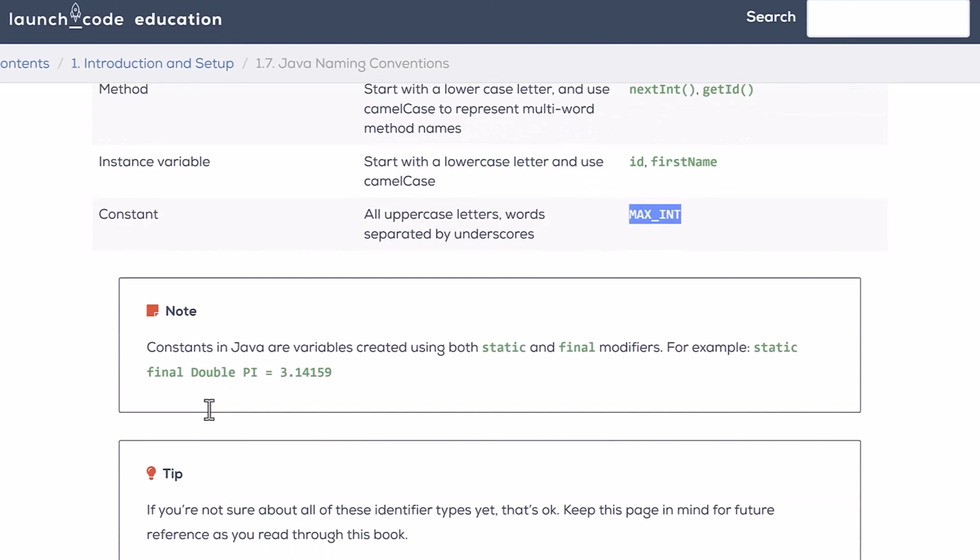Remember when I was showing you how to set up your environment variable in an earlier section on your Windows machine so that you can find your Java home? It was all capital letters with that underscore. We call that an environment variable. Your environment variables are constants. So remember that. A little hint.